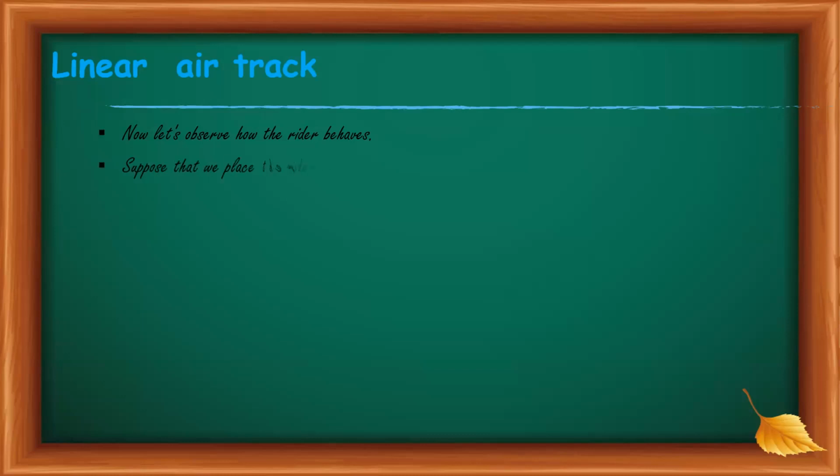So suppose we place a rider on the track and carefully release it from rest. That is, the rider is at rest, placed on the track. According to Newton's first law, it will continue its state of rest.